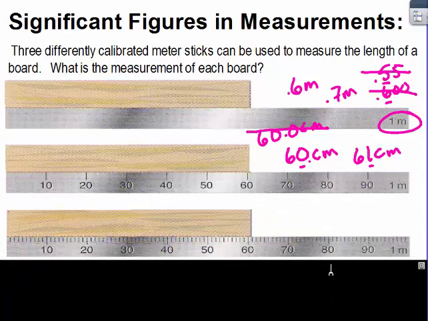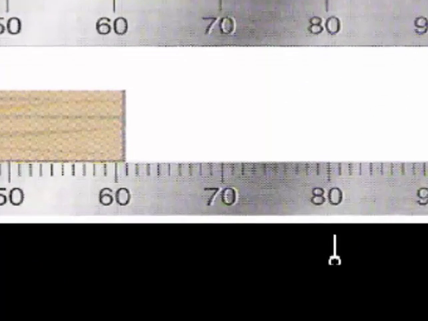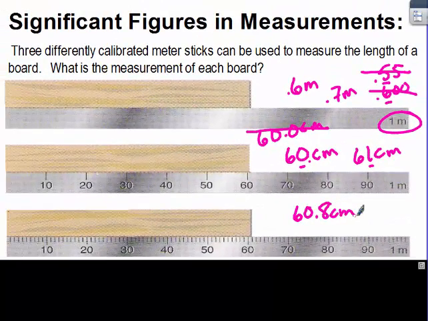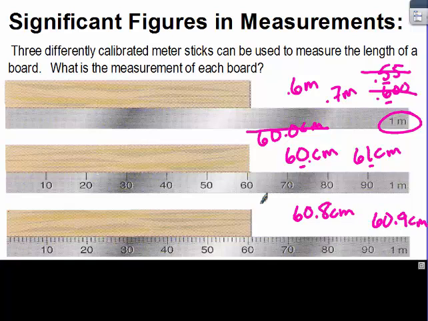And finally, on this last meter stick, now I can see that for sure it's less than 61. So maybe it's 60.8 centimeters or 60.9 centimeters. But it's not 61 and it's not 60.900.